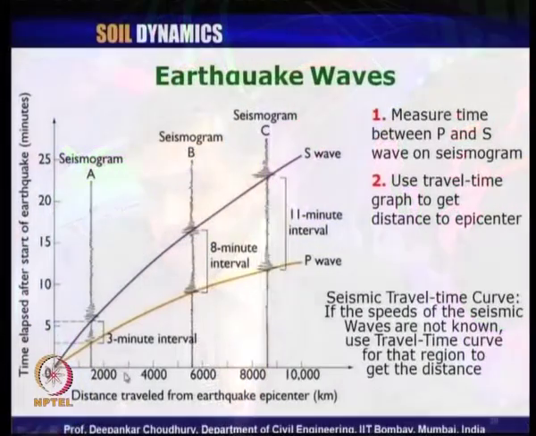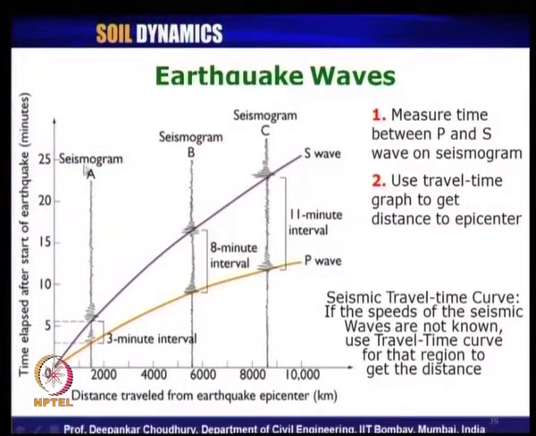So, let us look at here how it is done. Suppose one seismogram A, another seismogram B, another seismogram C at 3 different locations, all of them recording both P wave and S wave. For seismogram A, this is our time axis, you must have understood.